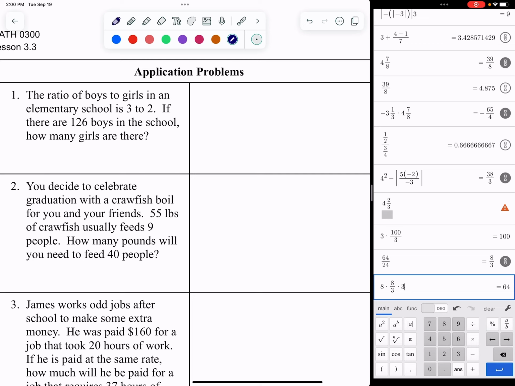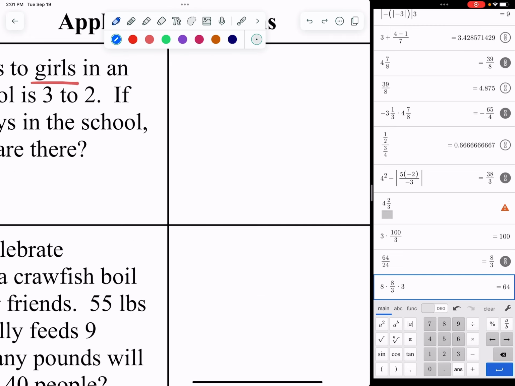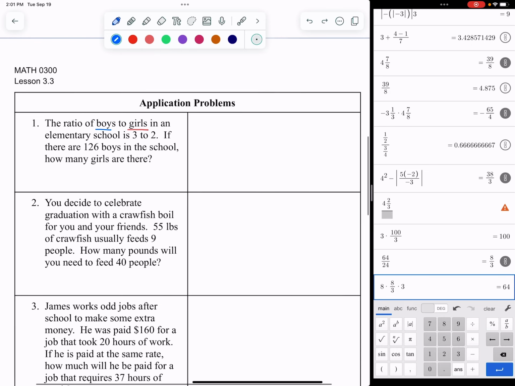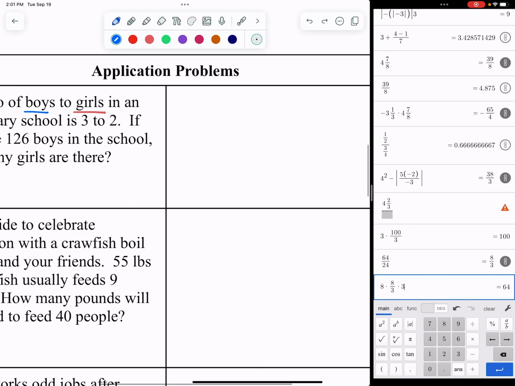These can be a little intimidating because it sounds like there's a whole lot of information in there. So what I'm going to do is try to simplify that a little bit. What we have is boys to girls. So I am going to set up a ratio that compares boys to girls.